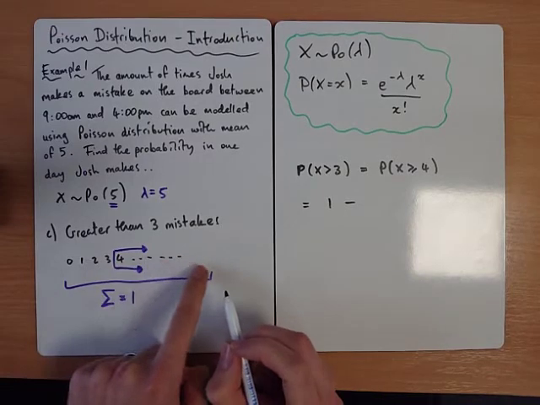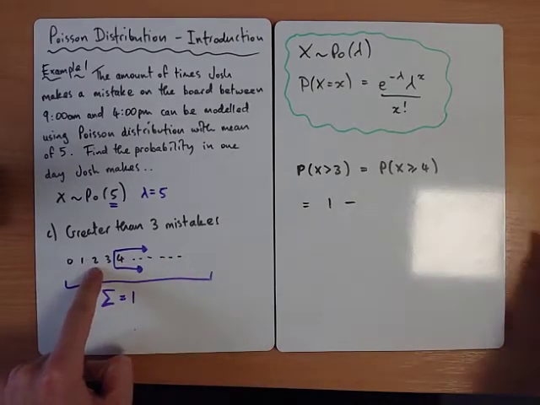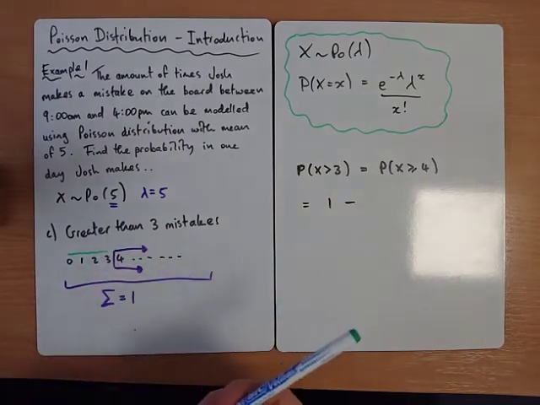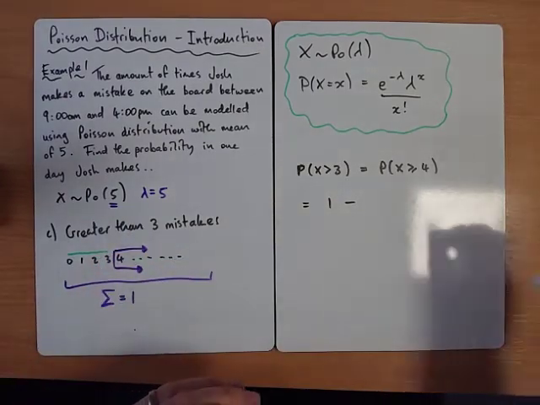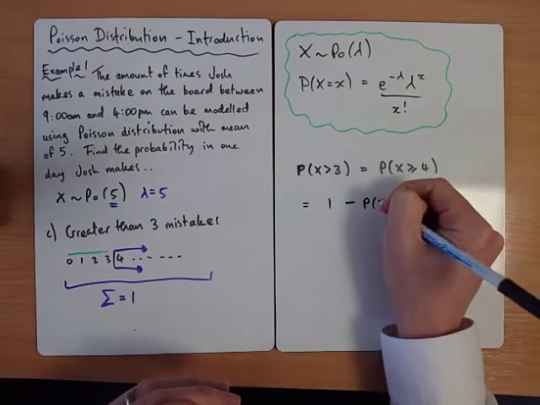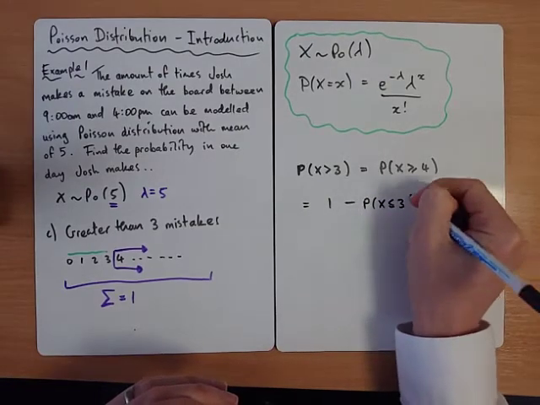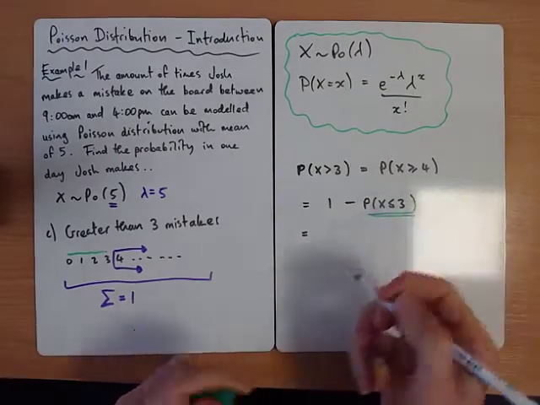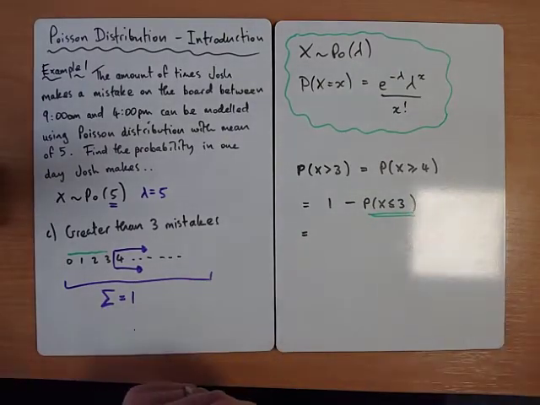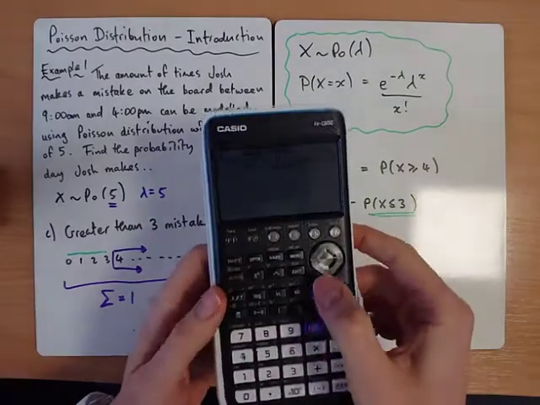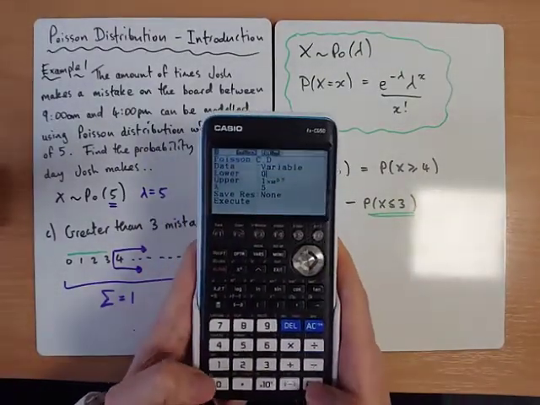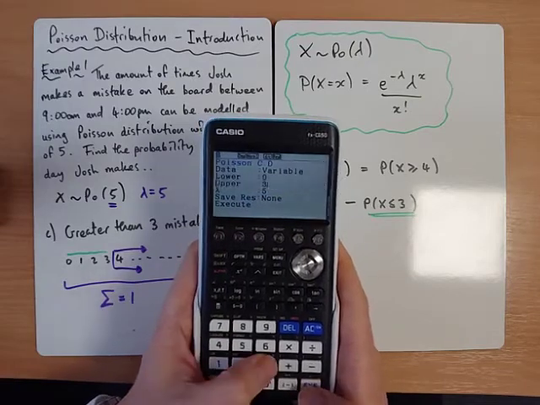We want 4 or above, so we need to get rid of those ones. If we do less than or equal to 3, which would represent those probabilities, that's going to give us our method mark in the exam as well. So if we want less than or equal to 3, we could set the lower limit to be 0, the upper limit to be 3.